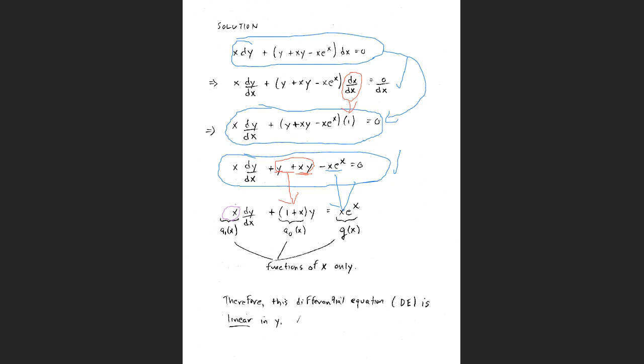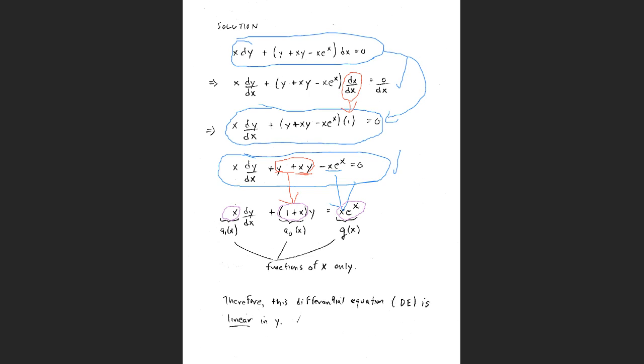The coefficient function 1 plus x in front of y, that's a function of x. X only. And then on the right, x times e to the x, that's a function of x only as well.